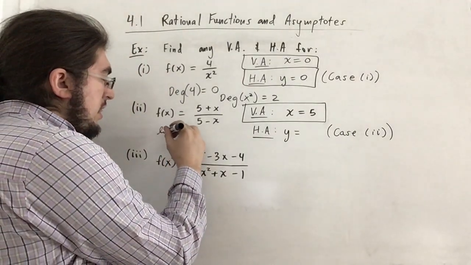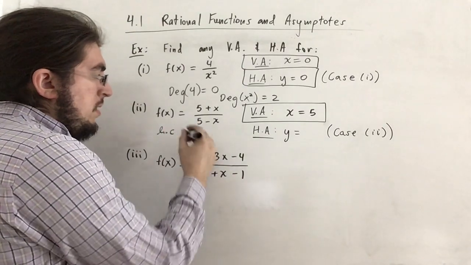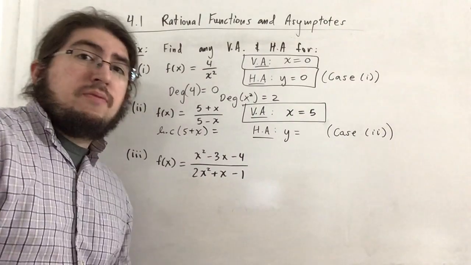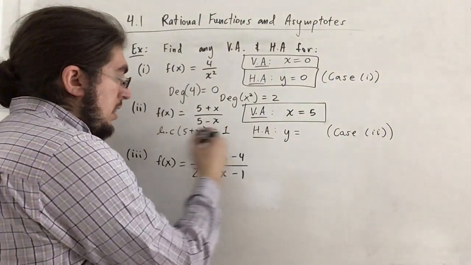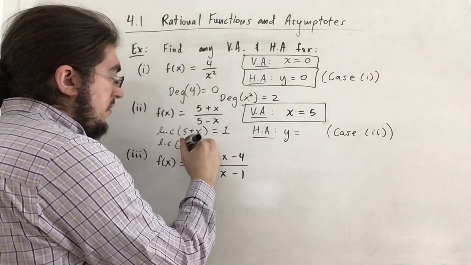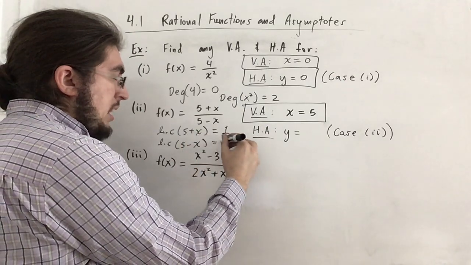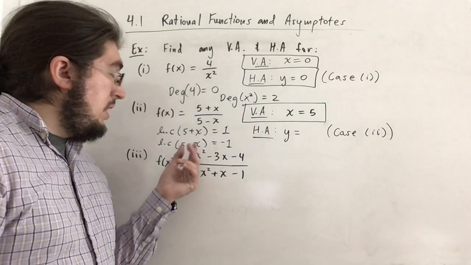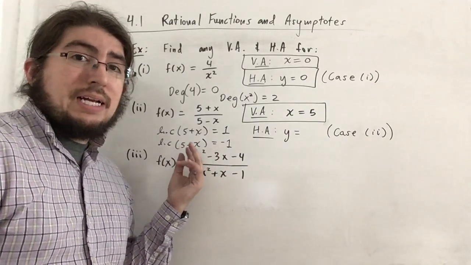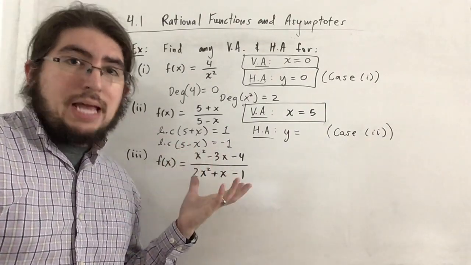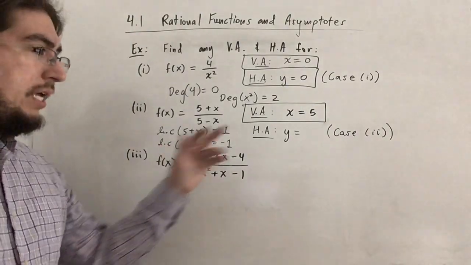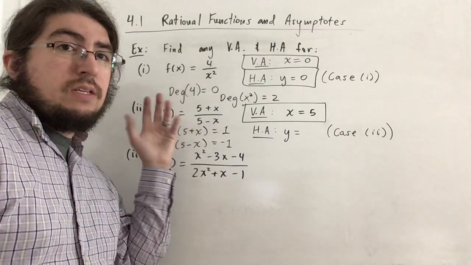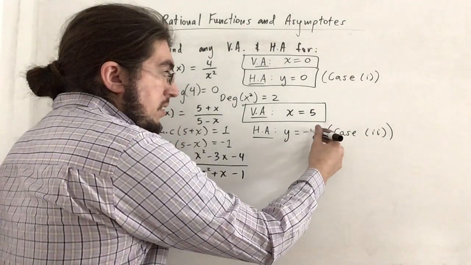So here, the LC of the top, 5 plus x, is just the number in front of the highest power of x, which is 1. And the leading coefficient of 5 minus x would be -1, because the coefficient of the largest power of x in 5 minus x is -1, since it's -1 times x. So the answer here is just the leading coefficient at the top divided by the leading coefficient at the bottom. So it's 1 over -1. That's just y equals -1.